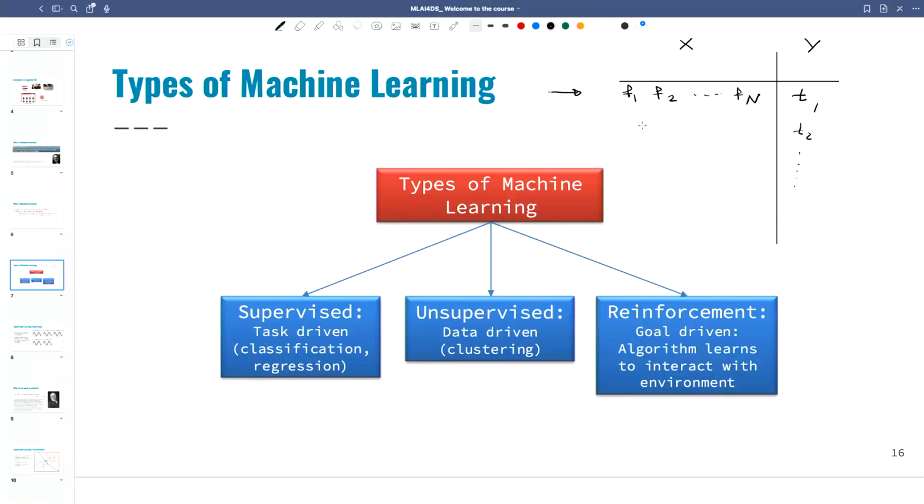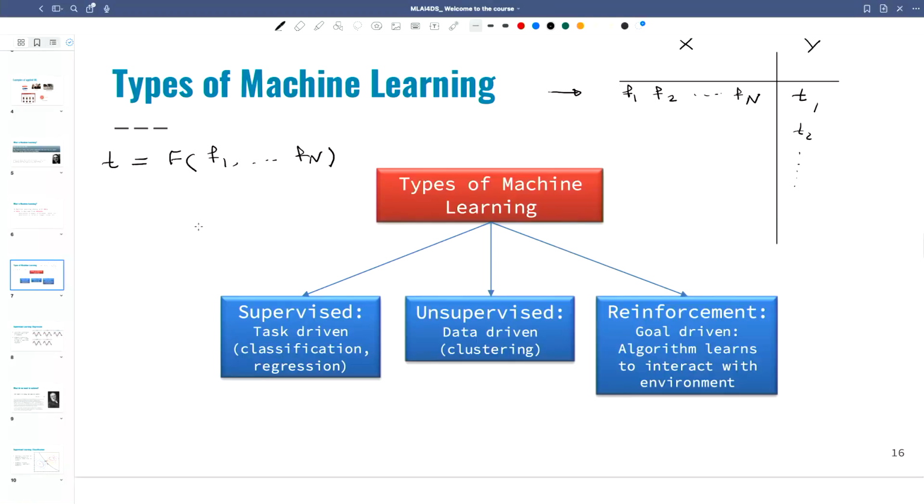So in general, we can write T is equal to a model of F1 to Fn.